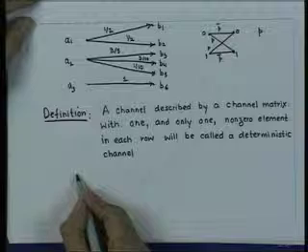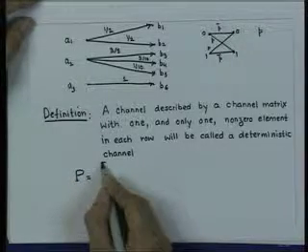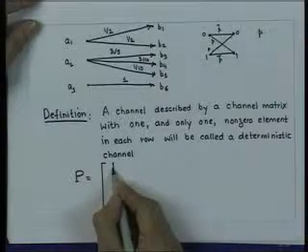An example of a channel matrix for a deterministic channel will be as indicated here.